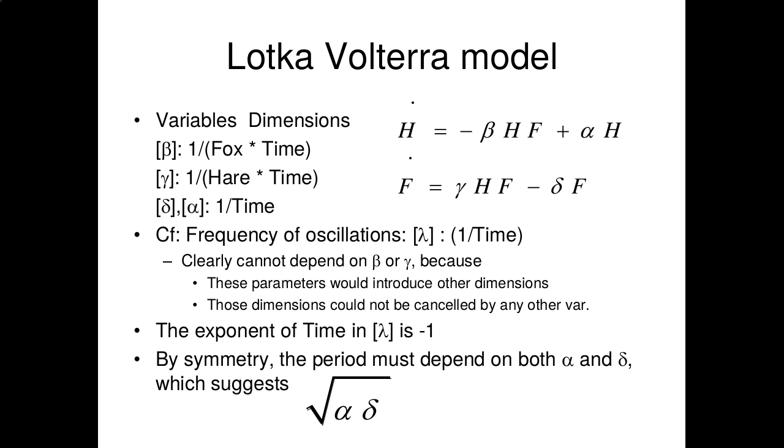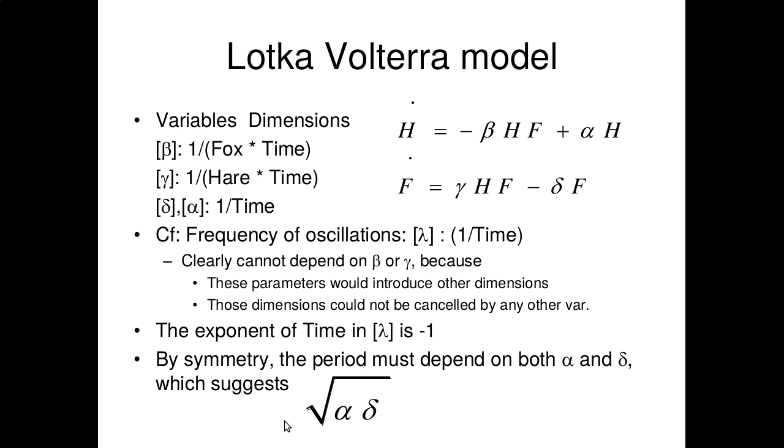And it turns out that by reasoning from first principles, reasoning about the dimensional structure of this, you can derive through symmetry and reasoning about the quantities that the frequency of those oscillations has got to be given by terms such as this one, this alpha times delta.